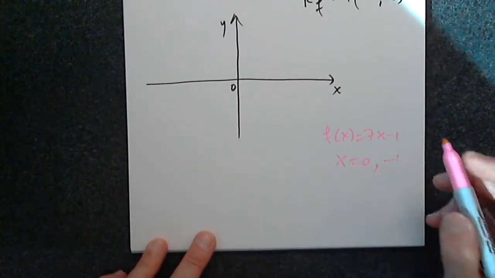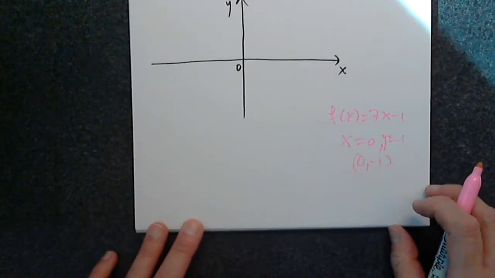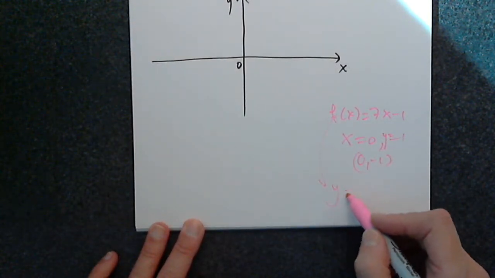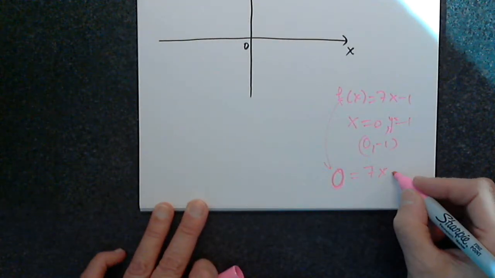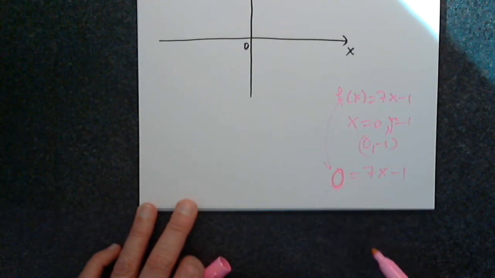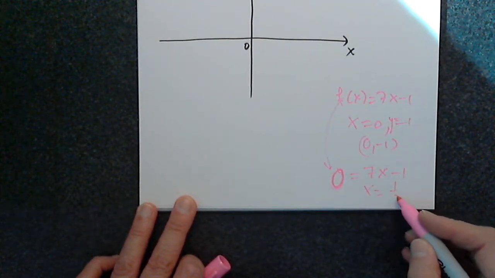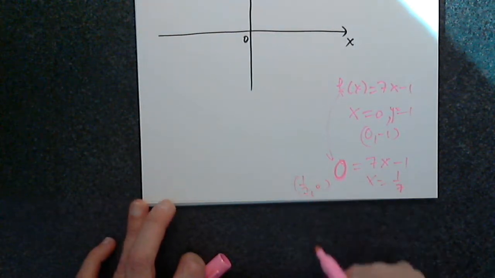Negative 1, very good. y equals negative 1. So 0 comma negative 1. And now when y is 0, we move 1 to the other side and we get 1/7. So we have 1 over 7 comma 0.